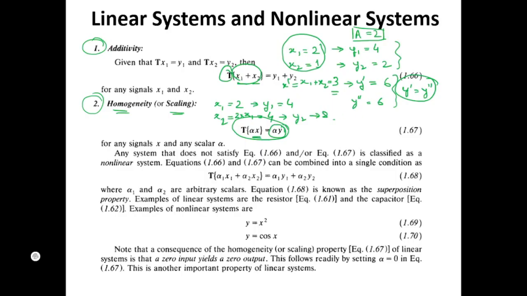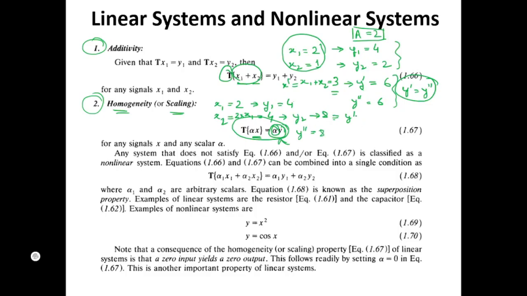If you want to compare it with the previous one, we can call it y dash. And what you call for the second thing, y double dash, which is due to the scaling of the output. Output is 4, alpha over here is our 2, so 4 to the 8, right?